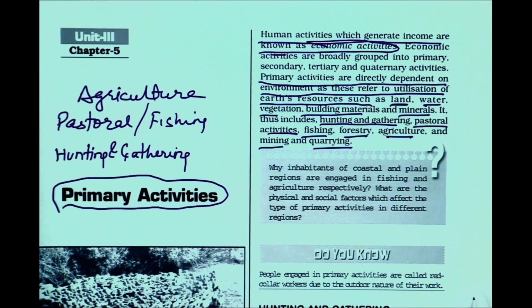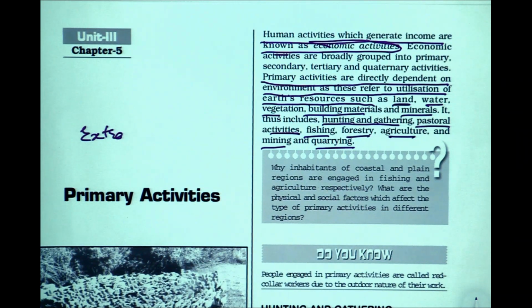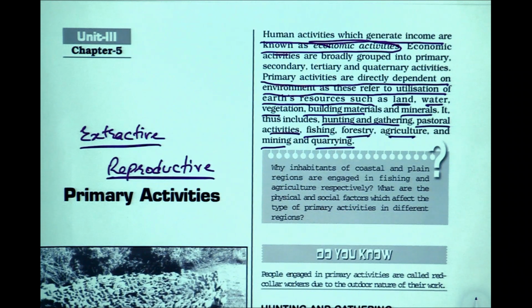So primary activities essentially correlates with extraction from nature, and that is the reason when we talk about primary activities, we correlate it with extractive, mining, lumbering, as well as reproductive, crop cultivation. This is how we take the reference of this particular chapter.